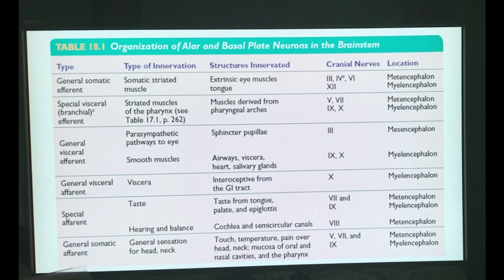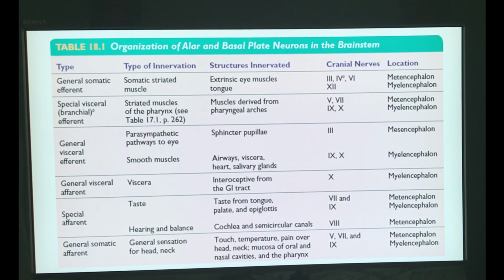The most lateral in the alar plate is general somatic afferent. So that is the general sensation of the head and neck region. Okay, general sensation of the body is carried by a tract, the spinothalamic tract. That is pain, touch, temperature. Throughout the body, from the limbs, they are mainly carried by the spinothalamic tract.